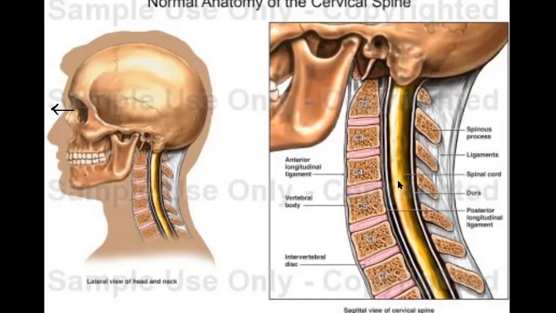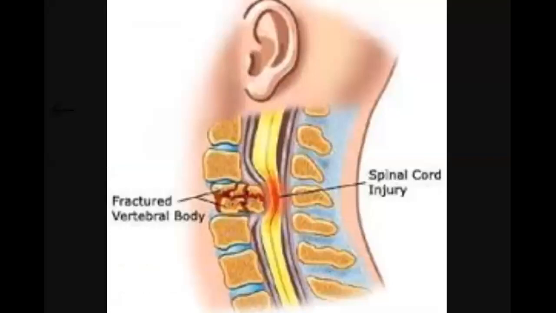So again, this is a normal. What we're going to look at now is, you can see on this one, we have a fracture. I have no idea how you would fracture your vertebrae and push one backwards into your spinal cord. But remember, the spinal cord is made up of nerves.